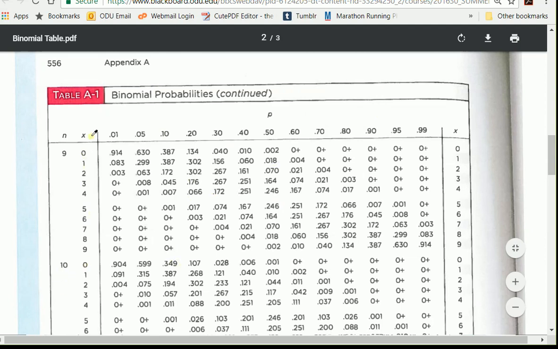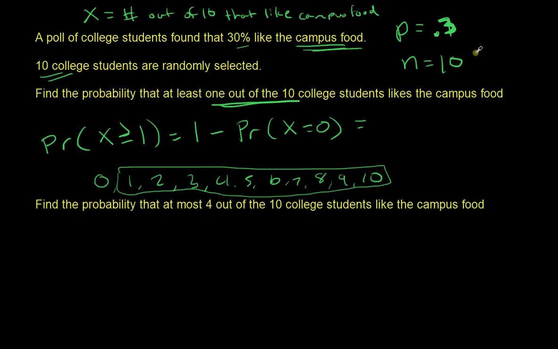So x equals 0, right? If I'm trying to find the probability, x is 0 and p is 0.3. There it is, 0.028. Pull out your table and make sure you find that number as well. 1 minus 0.028.